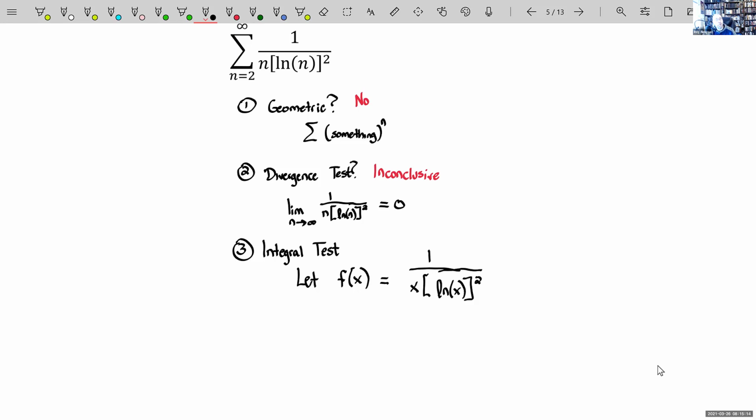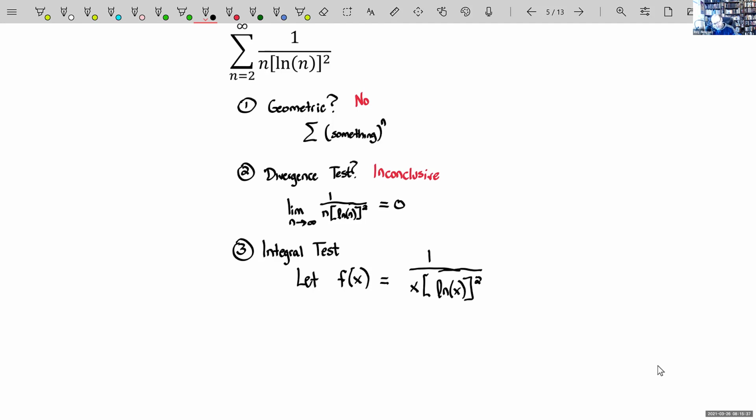That unlocks the door so I can start using the integral test. I can't even touch the integral test until I showcase all three of those conditions are met. Those three conditions are continuity, basically, eventually positivity, again, eventually, and decreasing, again, eventually.